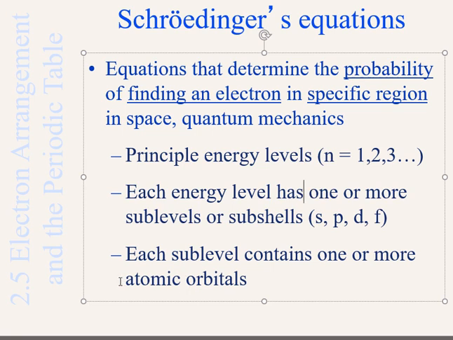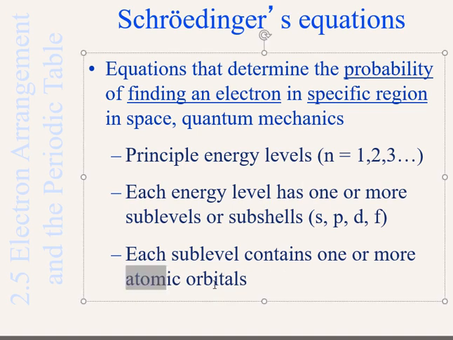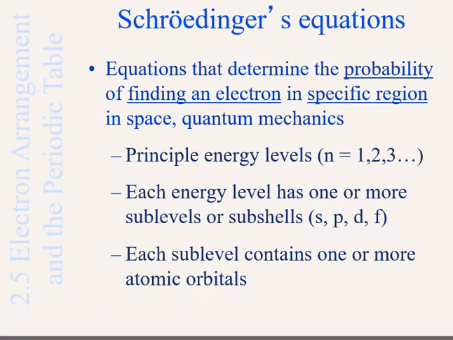So in the modern atomic theory, when we have atomic orbitals instead of orbits, electrons at the very low level are found within those atomic orbitals. Atomic orbitals are found within sublevels, and sublevels are found within the principal energy level. And that's what we are going to investigate in the next video.